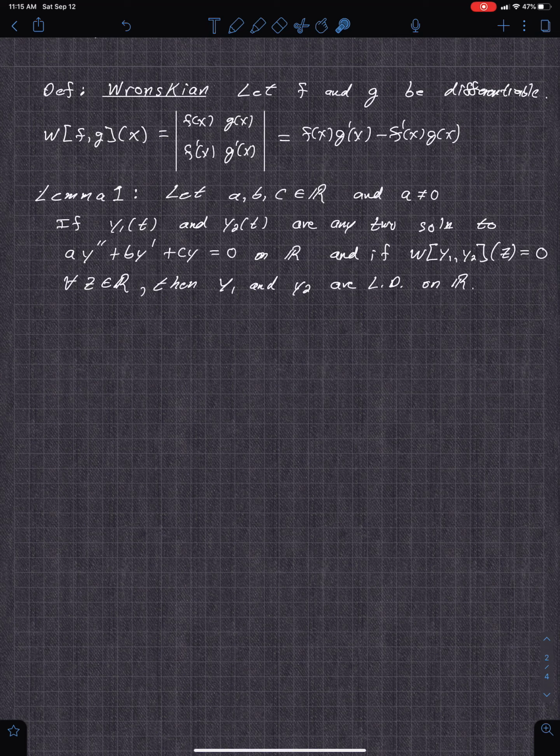The contrapositive, P implies Q, so not Q implies not P, says that if y1 and y2 are linearly independent, then the Wronskian is not equal to 0. So keep that in mind.